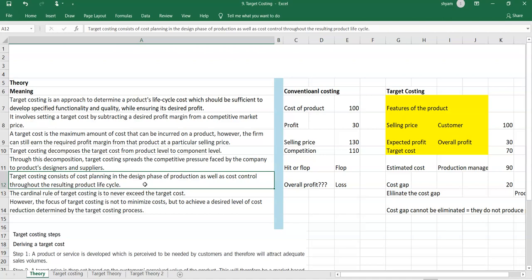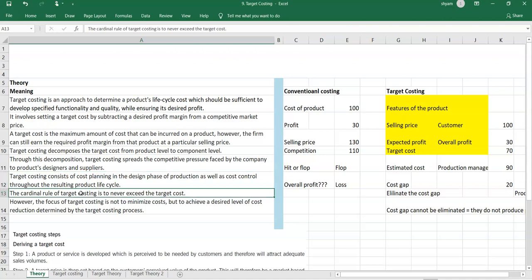For example, if a design requires a very costly raw material, and we have designed it like that, then the subsequent products cannot be changed. But at the designing stage itself, we could substitute that with another, cheaper material. It's easier for us at the designing stage to reduce the cost, and we could make some profit.